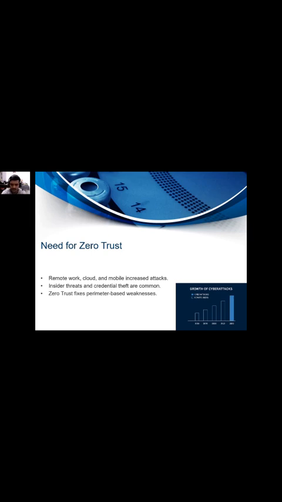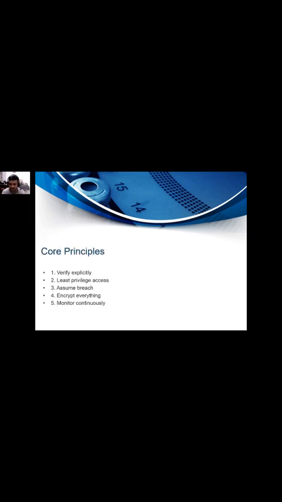Core principles. Zero trust works based on five key principles. Verify explicitly: always authenticate and authorize based on all available data, such as user identity, device, location, and behavior. Use least privilege access: give users the minimum level of access needed for their role. Assume breach: work as if your system is already compromised.